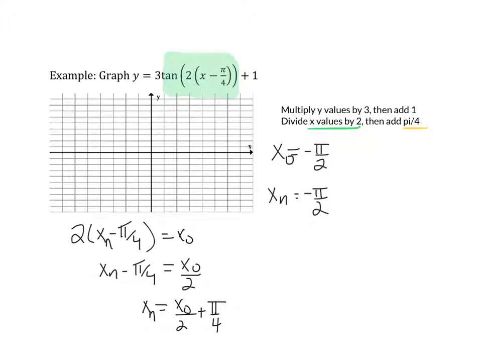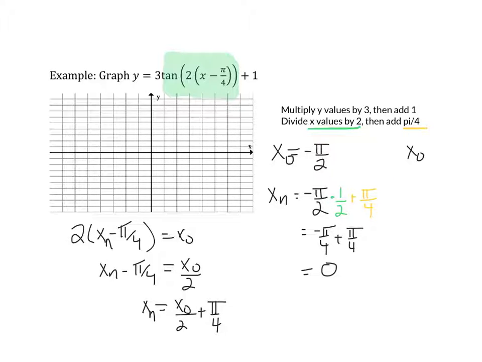So dividing it by 2 is really the same thing as multiplying by a half, and then I'm adding pi over 4. So I get negative pi over 4 plus pi over 4, which is 0. So that's my left asymptote.